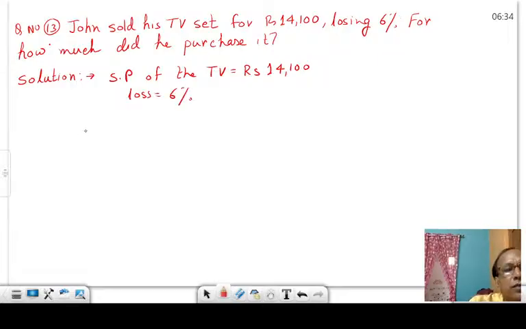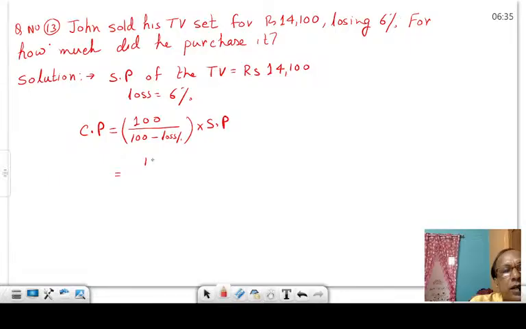We will find the cost price. The formula for cost price is equal to 100 divided by 100 minus loss percent, into selling price. This is the formula for finding the cost price.